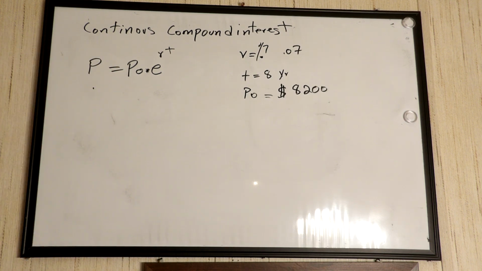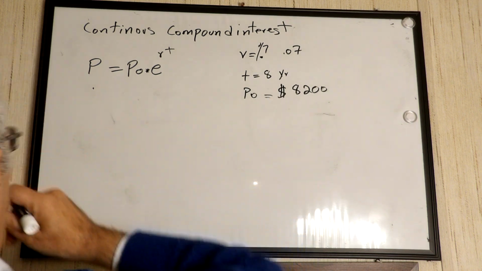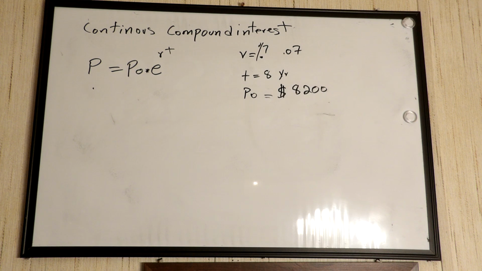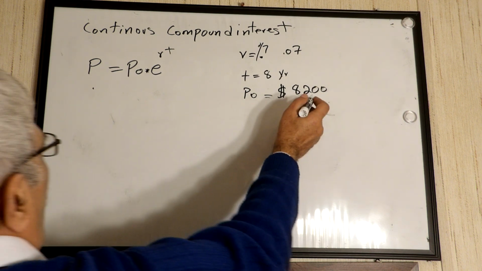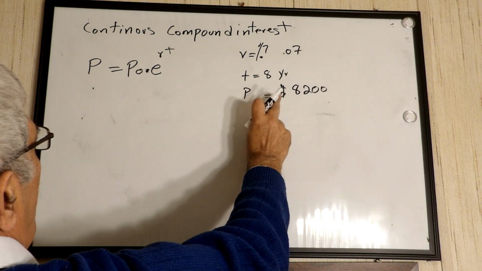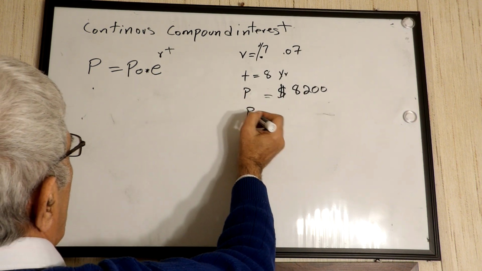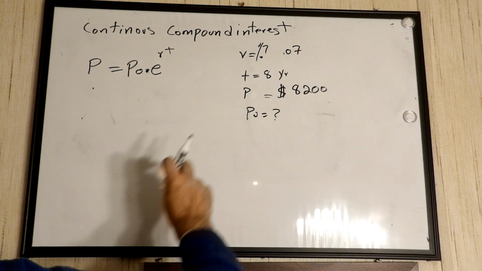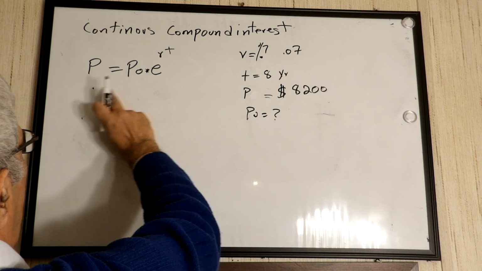You want to know how much money you should invest now, with the interest of 7%, compounded continuously, in order to have $8,200. The question is: P0, how much is that? It's the initial amount you should invest now.